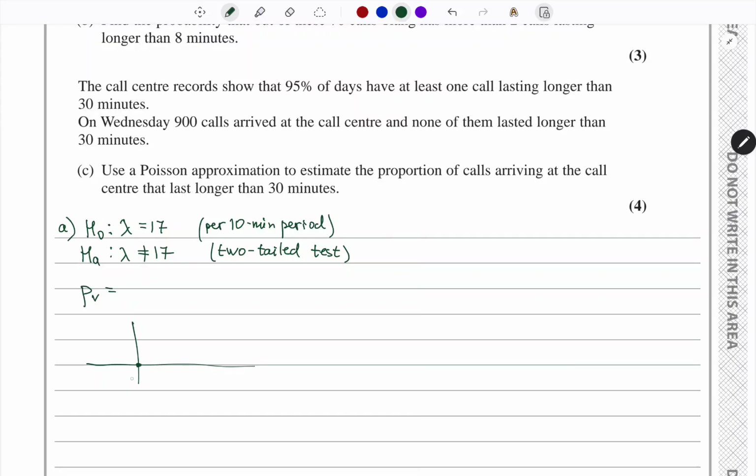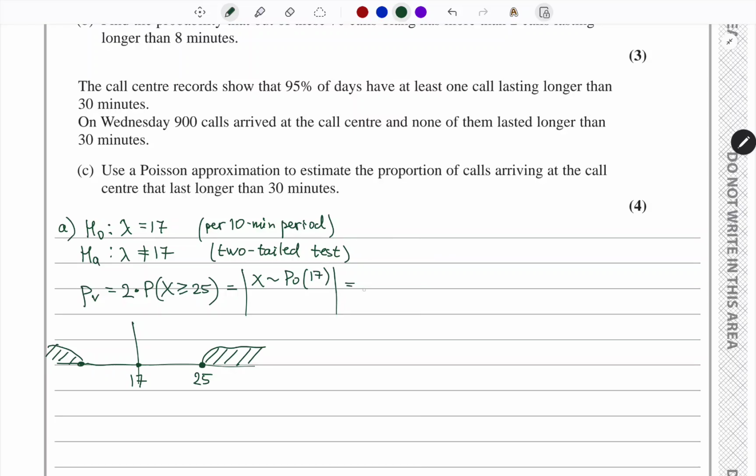This is the mean value of 17, but we observe 25. So this is one tail, and there will be another tail. I can just take one tail and multiply it by 2. The p-value is 2 times the probability that X is bigger than or equal to 25, where X follows a Poisson distribution with lambda equals 17.